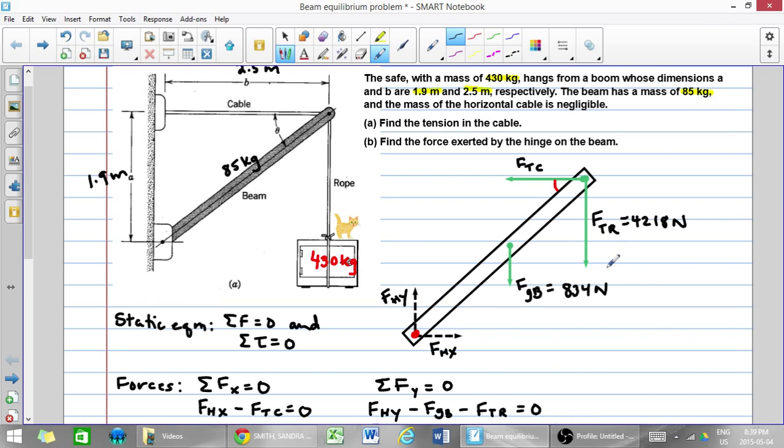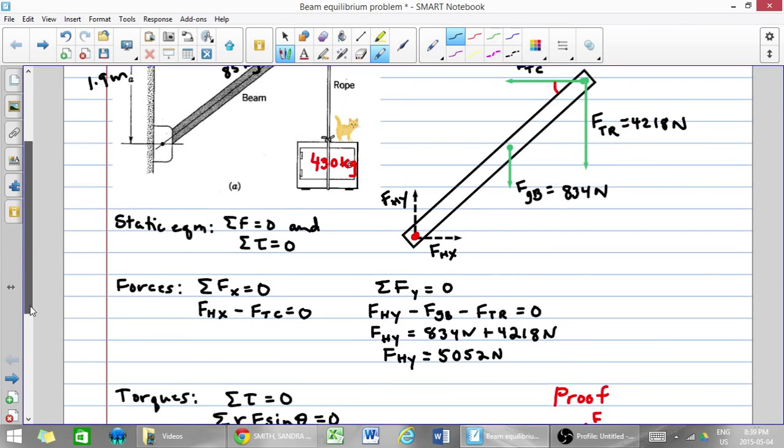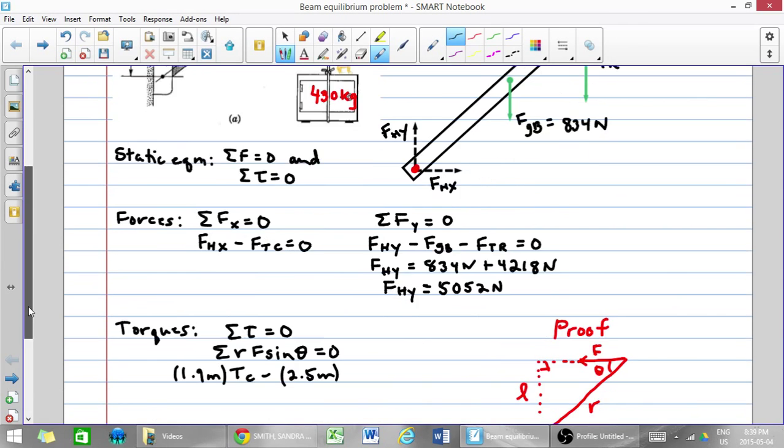So we know the force, and we'll do the same thing. We imagine the line of the force extended and dropping a perpendicular to it from the pivot point. That is the same as the 2.5 meter dimension that was given. That's why it's easier to do it that way, because we're given those dimensions. So we have 2.5 meters times 4218 newtons.